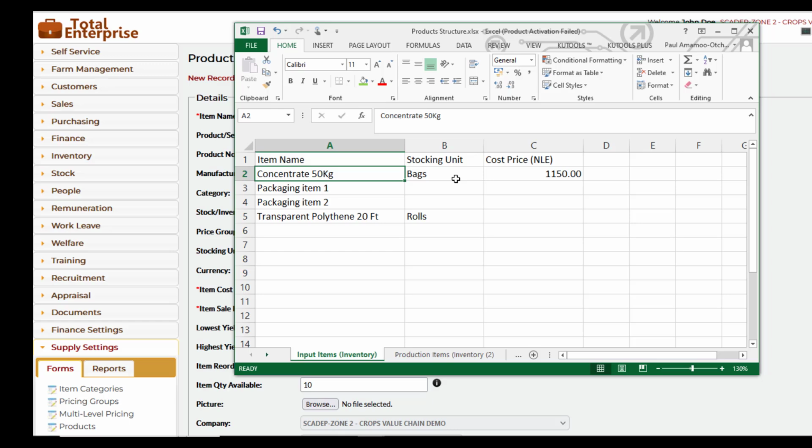Now let's take this concentrate as an example. When it is sold, it is bagged mixed feed, put inside a bag that is filled to the capacity that it weighs 50 kilograms. The manufacturer has standardized the sizes in which they sell this item. So they have 50 kg, perhaps 25 kg.